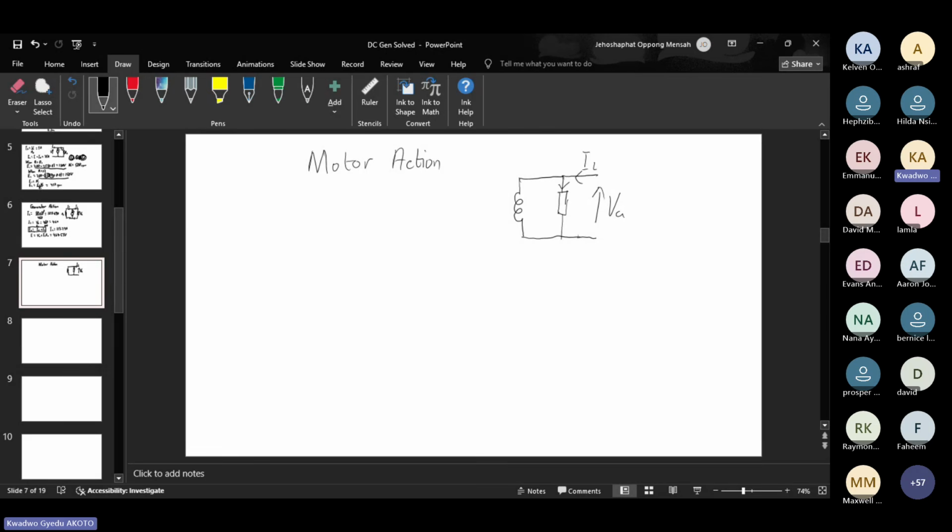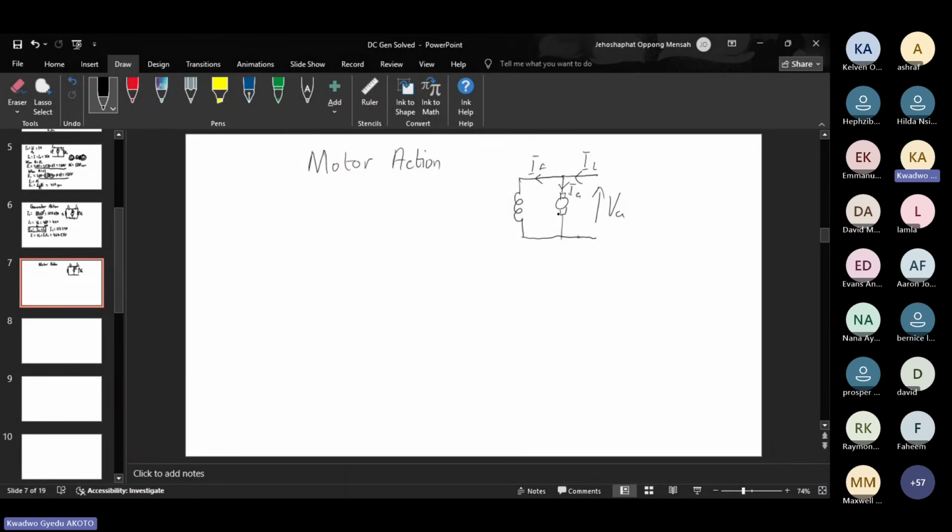Oh, I didn't draw the armature. Right. So this time we have our IF like this, our IL like this.